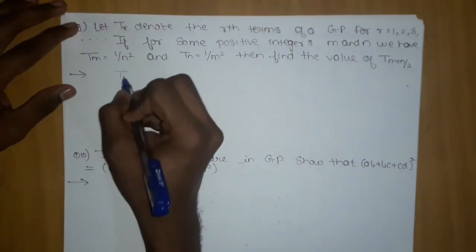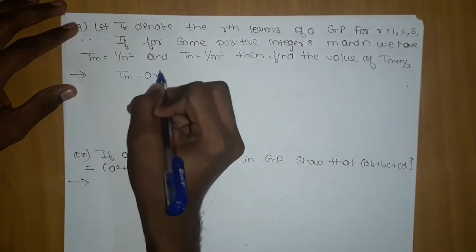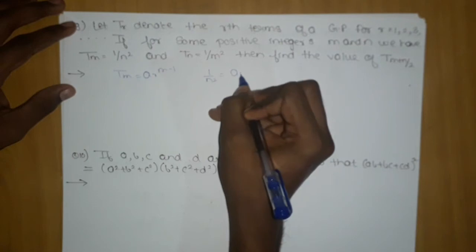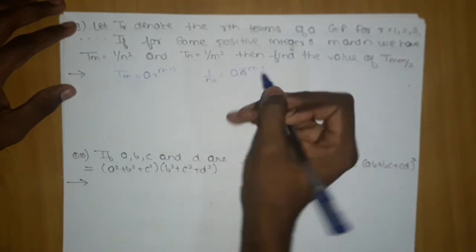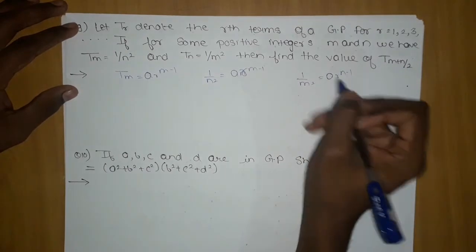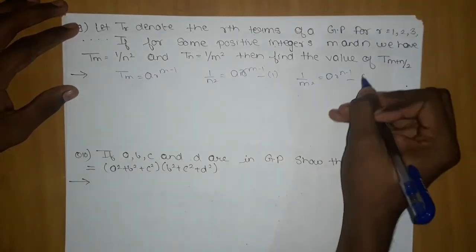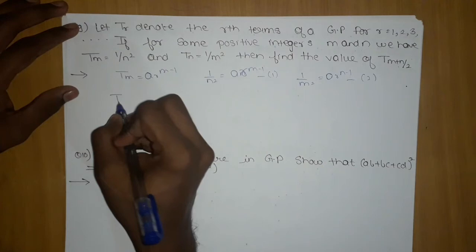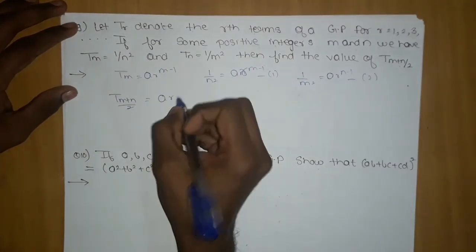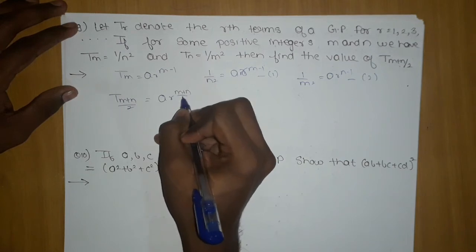Tm is nothing but a r power m minus 1, which is 1 upon n square, and similarly 1 upon m square is a r power n minus 1. This is first, this is second. Now we want to find T of m plus n by 2, which is nothing but a r power m plus n by 2 minus 1.